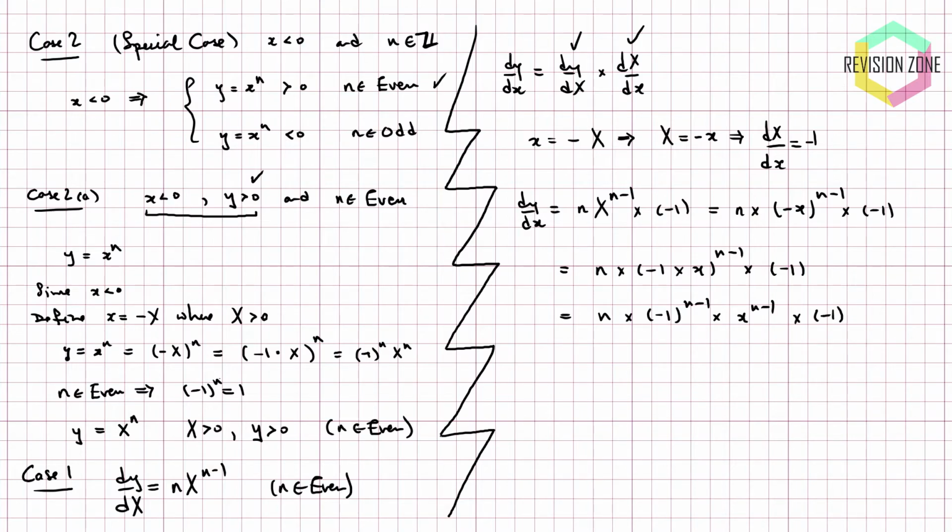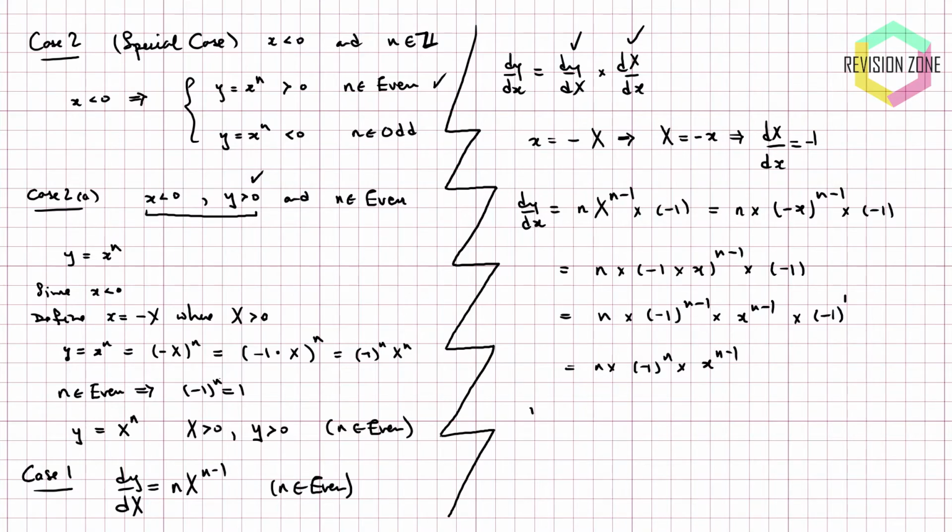And at this stage, we notice that this thing here and this thing here have the exact same base. And I should perhaps put the power in here explicitly. And so I'm going to have these powers being added up. N minus 1 add 1, I just end up with n. So I end up with n times negative 1 to the n times x to the n minus 1.